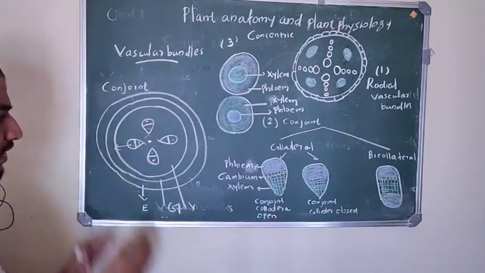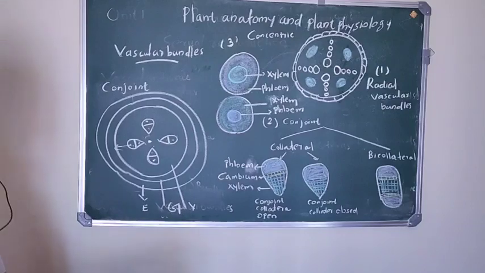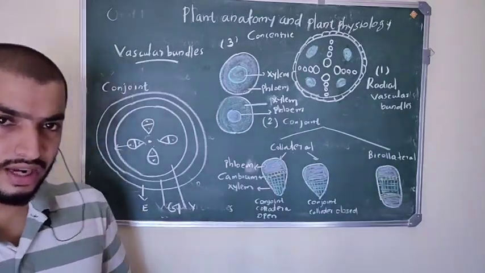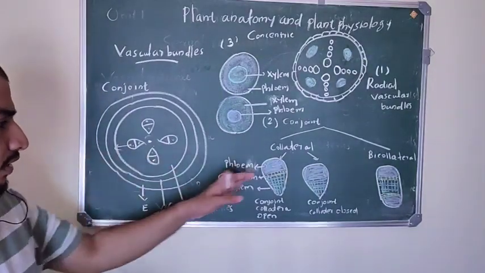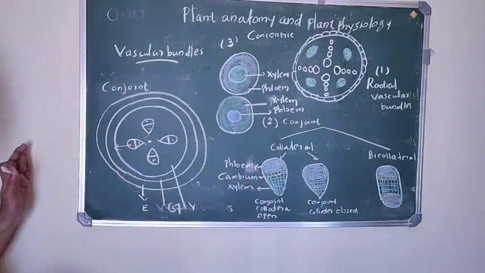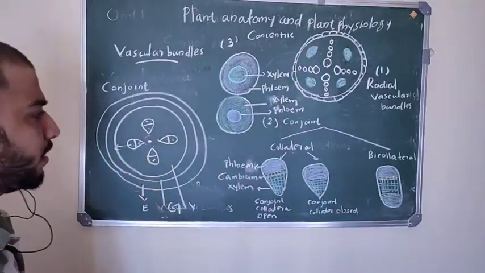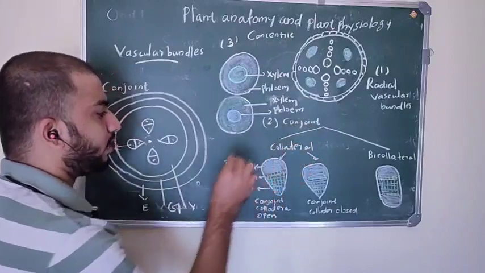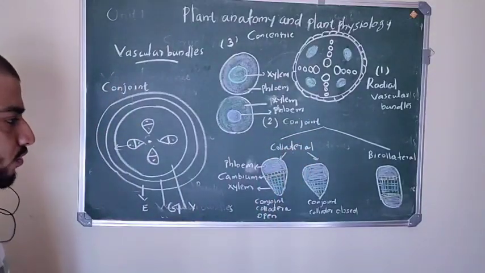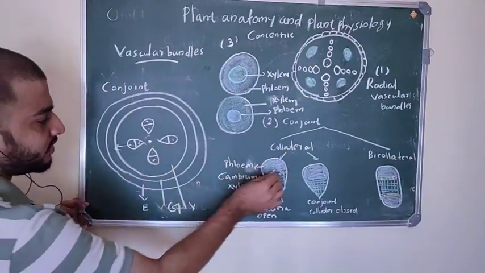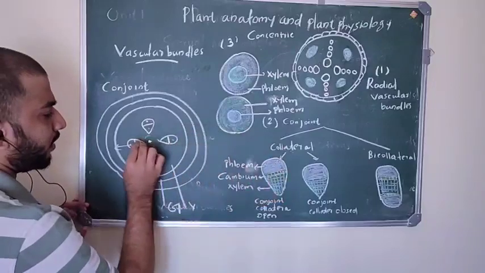So xylem is directed to the inner side and phloem to the outer side. This type of vascular bundle is called a conjoined collateral vascular bundle.